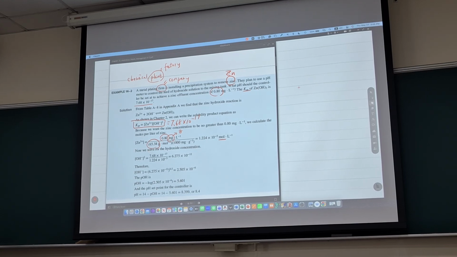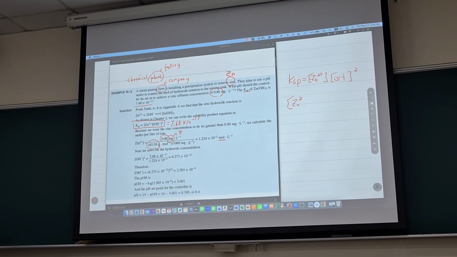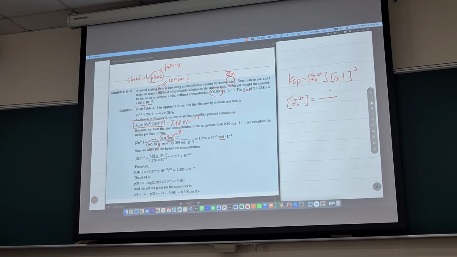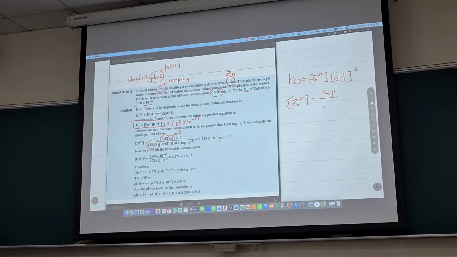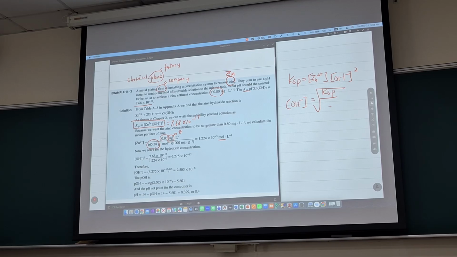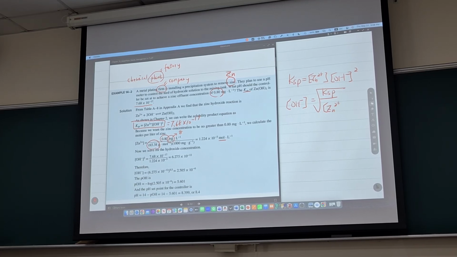Okay? So the KSP equals zinc 2 plus times OH minus squared, right? We're trying to find out the hydroxide squared, which equals KSP over zinc 2 plus.